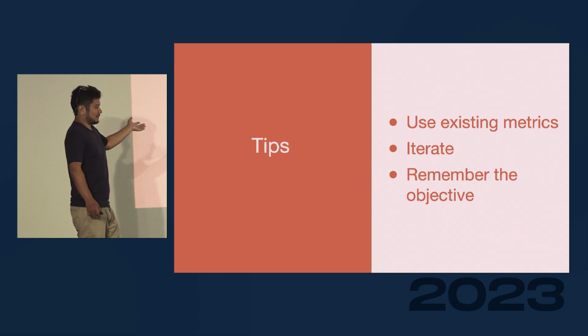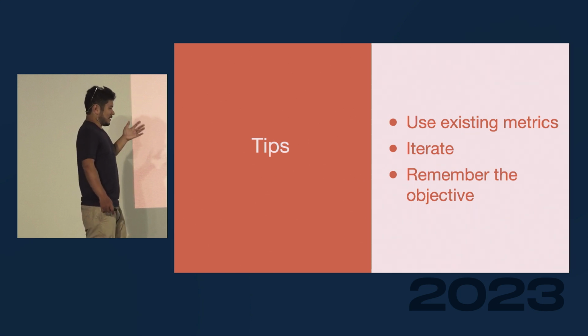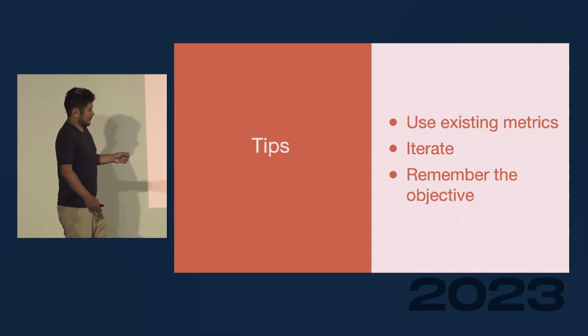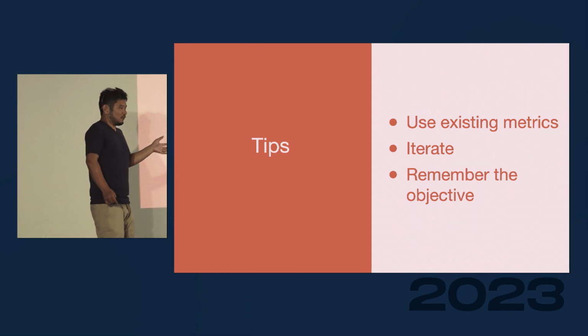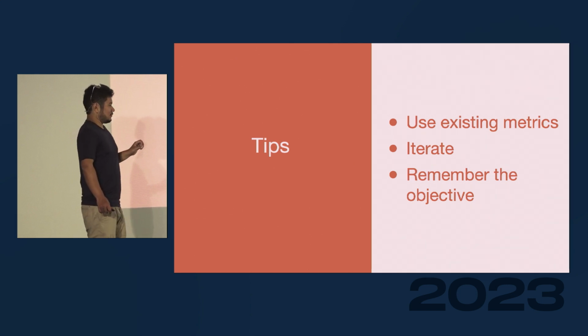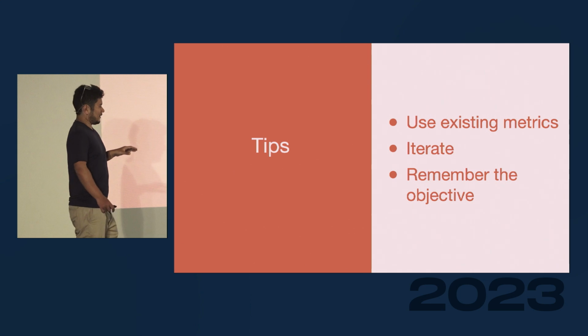And then remember the objective. Remember, we are trying to measure what's the state of the build from the developer's point of view. So if you are able to get more metrics that can inform this, that's useful. But try not to make it too complicated. Try not to mix it up with other things.